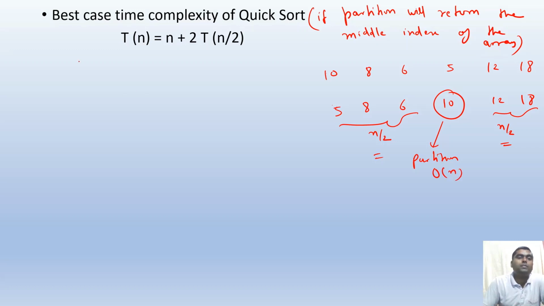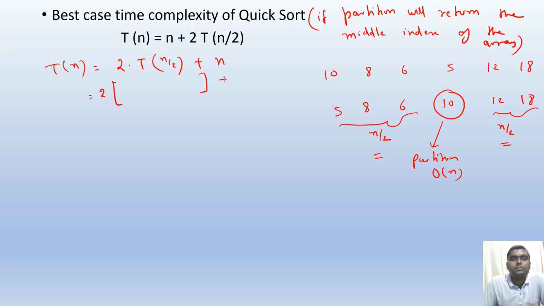So finally this recurrence relation, for the best case, is 2 times t of n by 2 plus n, where n is for partition. You can easily solve this by substitution.